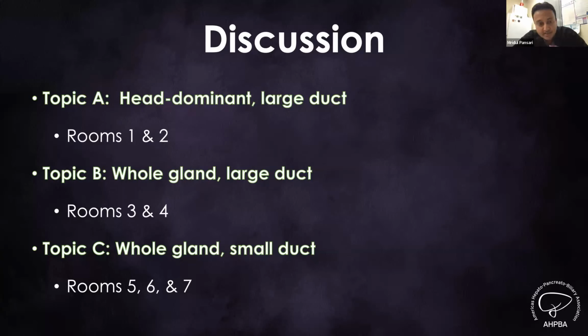So all of those parameters we discussed as far as pre-op evaluation is concerned. For genetic testing, we discussed SPINK mutation testing, then also the PRSS1 mutation, and obtaining an IgG4 as well, even though not necessarily genetic testing. So those were the things that we discussed.